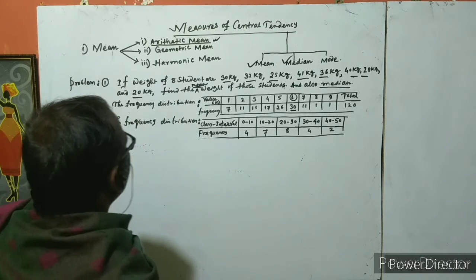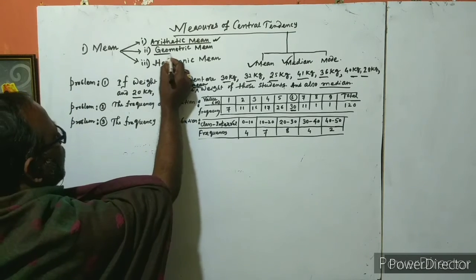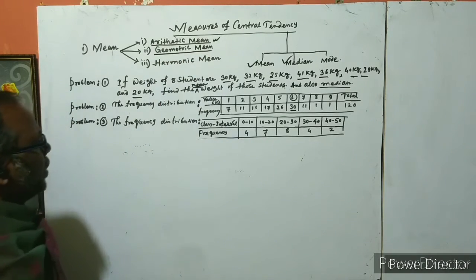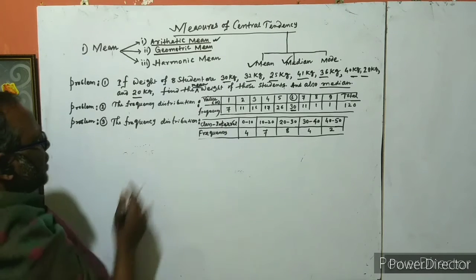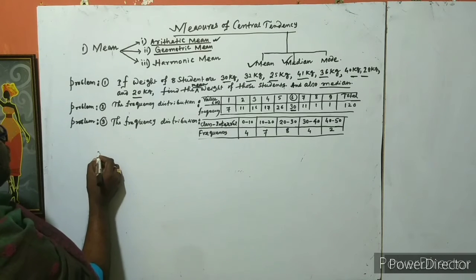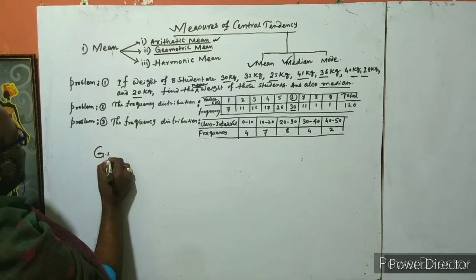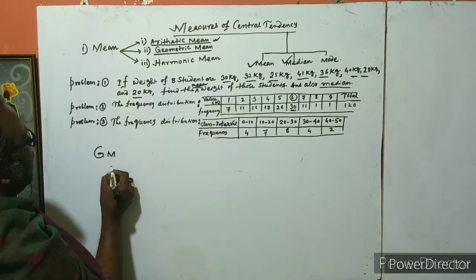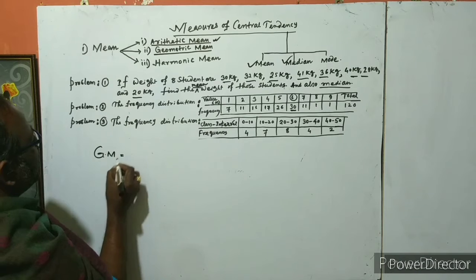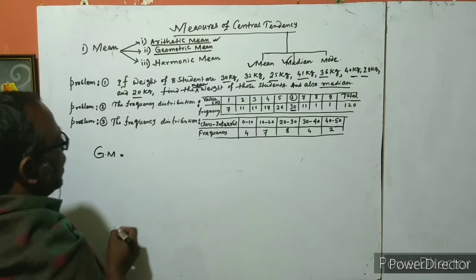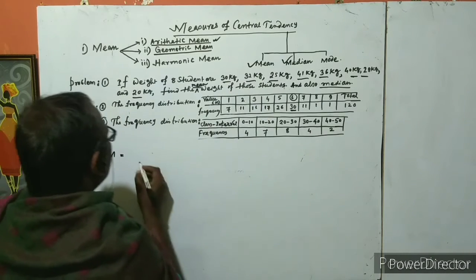Now, the next point I want to introduce is the geometric mean. For this simple series, this is the formula. This is called GM, the short form for geometric mean. And here are the 8 values.